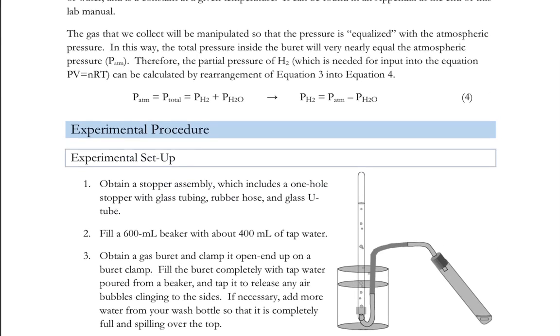Here is our apparatus. What we have is a tall skinny burette with graduation marks on it so we can read the volume, and we will fill that gas burette. Notice it's a long skinny piece of glassware that's closed at one end, open at the other. We will fill it with water. We will invert that, plugging the hole with our finger, and put that into a beaker of water.